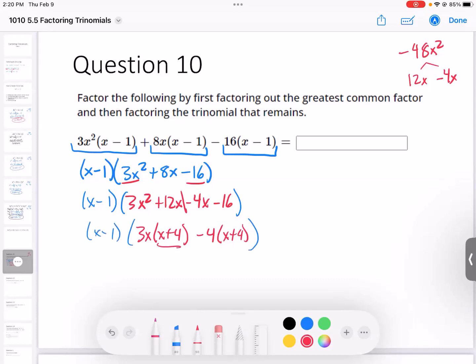And then these two factors are the same factor, so you can factor that out. And you get x plus 4 times 3x minus 4. And that is multiplied by x minus 1. And then I look at all of my factors, and none of those can be factored any further. And so that means that I'm done. And this would be the fully factored version of the expression.